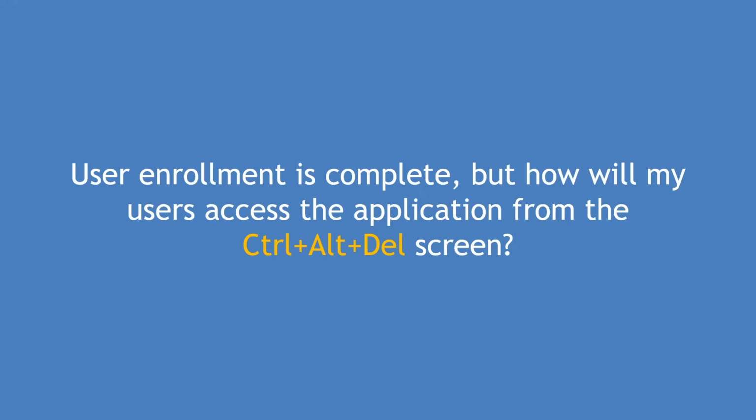The user has forgotten his or her password and they're trying to reset their password from the login screen. Okay, because when I get logged out from a computer, the only screen that I have is the Control-Alt-Delete screen, right? How am I going to reach the self-service application from the Control-Alt-Delete screen?